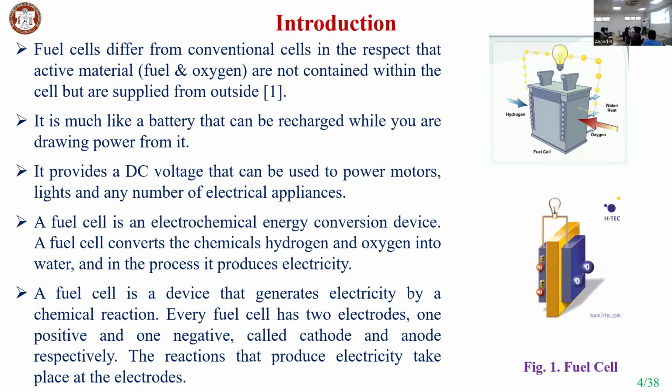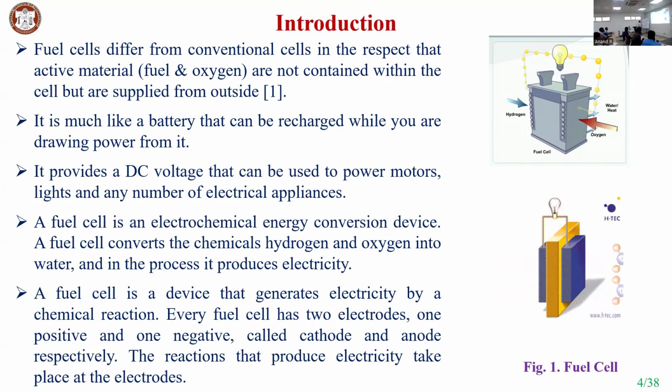The other end of the electrode we call the cathode. So this is the anode, and this is the cathode. At the other end, we are sending oxygen, so you are reducing oxygen. Finally, H plus and O minus will react and produce water.